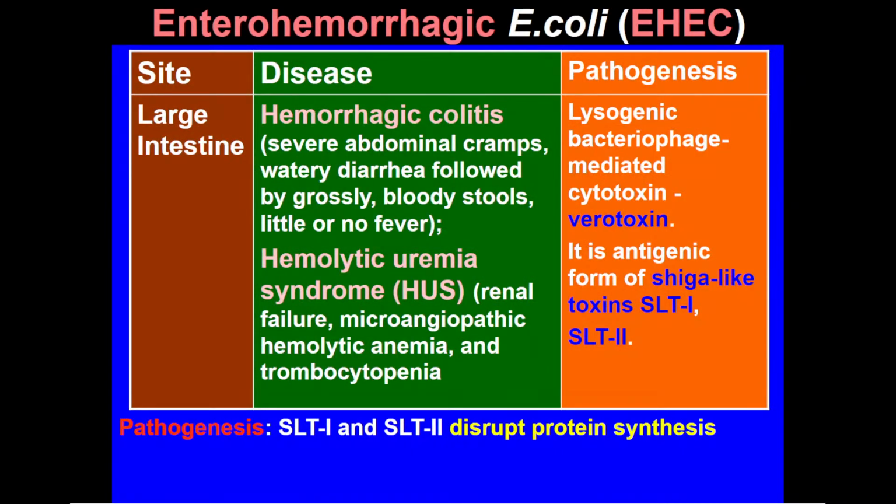So, the last type is enterohemorrhagic E. coli that cause more severe disease. They are toxigenic also because they may produce toxins that cause disruption of the protein synthesis, Shiga-like toxin and verotoxin. It is a cytotoxin, called verotoxin because its toxicity had been shown on the so-called Vero cells.